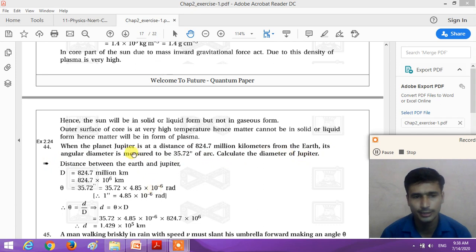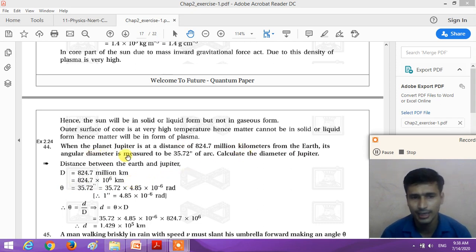So the distance between the Earth and Jupiter is given to you, capital D is equal to 824.7 million kilometer. Million means 10 raised to 6. So the distance is 824.7 into 10 raised to 6 kilometer.